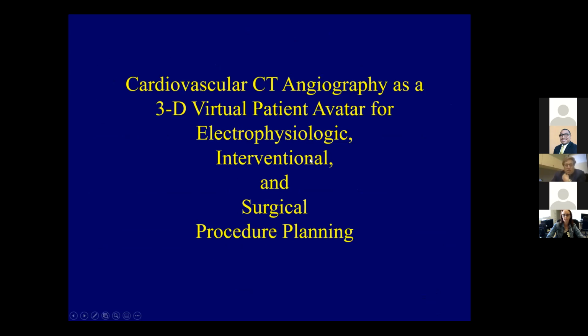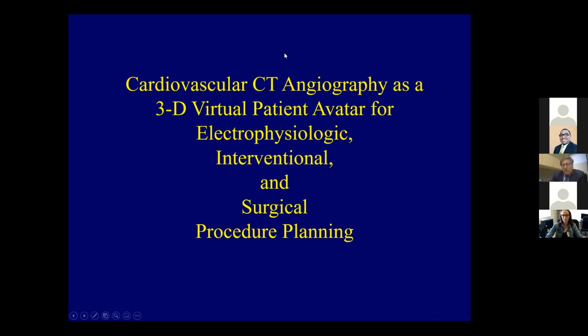So let's move on to the last section of the talk. Again, this is something that we do here a lot for a lot of our advanced procedures. It's cardiovascular CT, basically looking at it as a 3D virtual patient avatar for electrophysiologic, interventional, and surgical procedure planning.